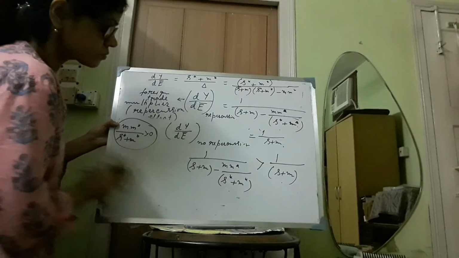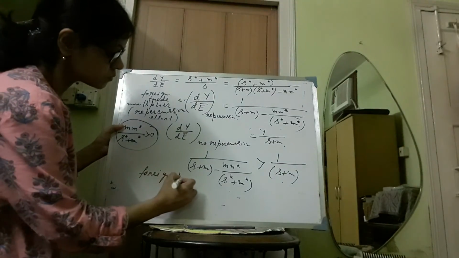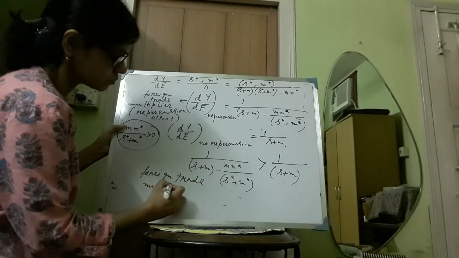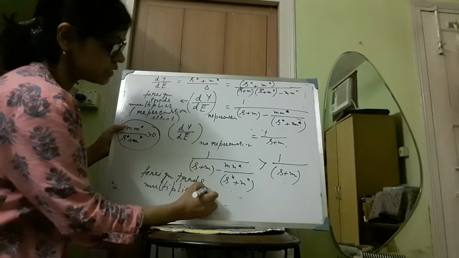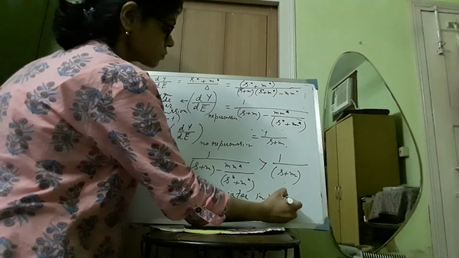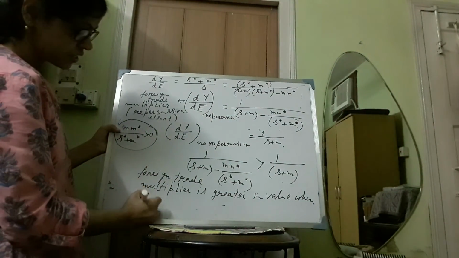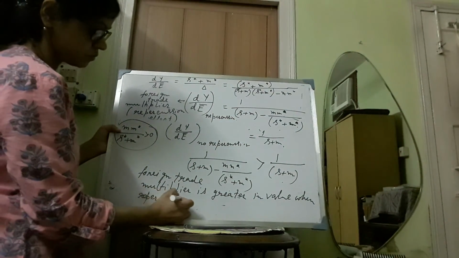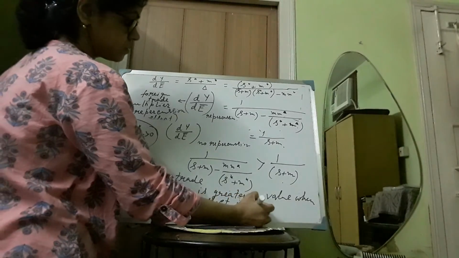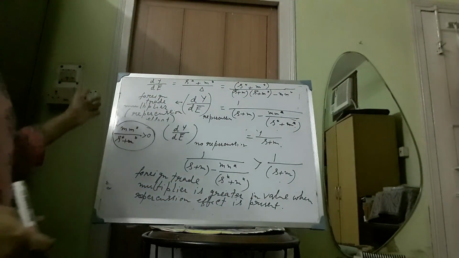So our conclusion is that the foreign trade multiplier is greater in value when repercussion effect is present between the trading partners.